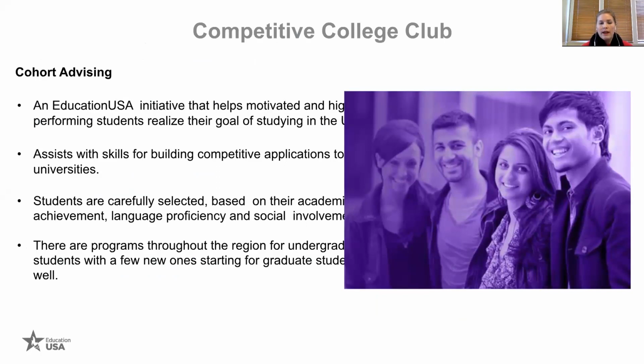The whole point of the Competitive College Club is that it's a competitive process to join the program. Students have to demonstrate that they have high academic achievement already, really strong English language skills, and they have to participate in a variety of activities that is usually about 18 months in length. When they're participating in these programs, they're doing more than just working on their applications to be successful for admissions.